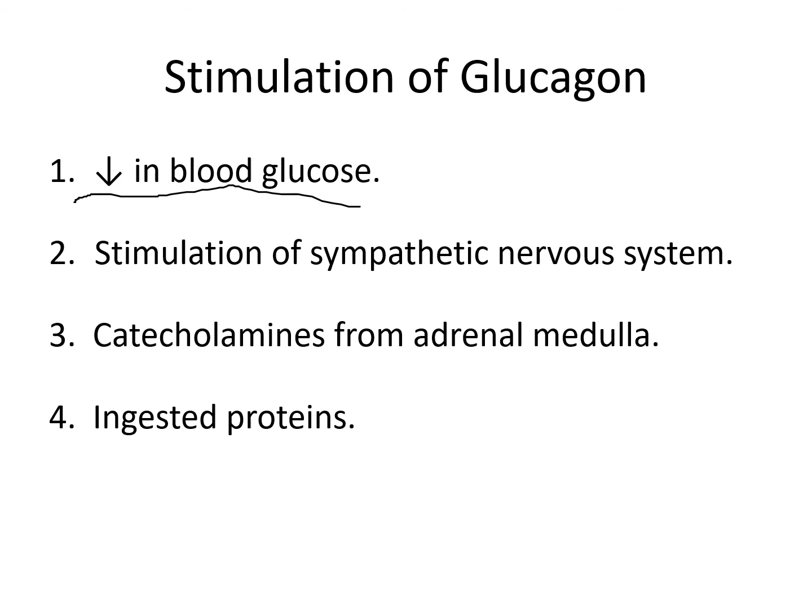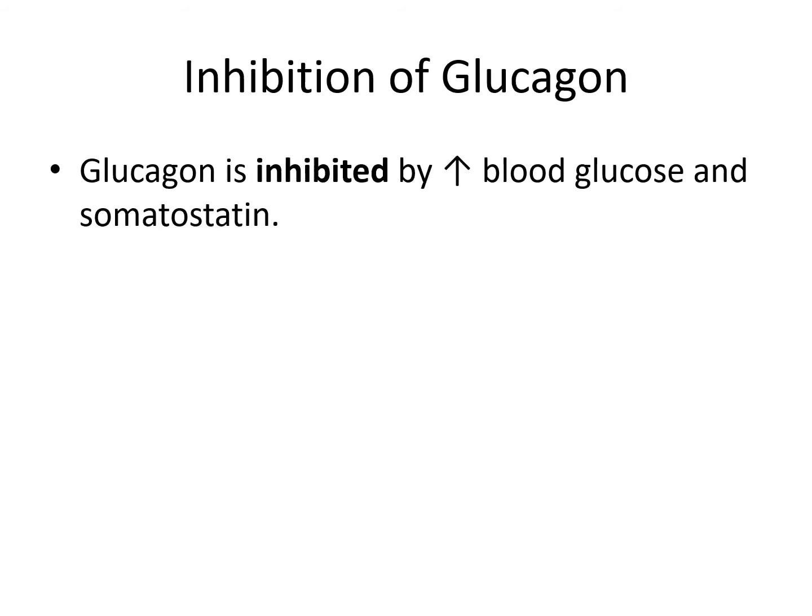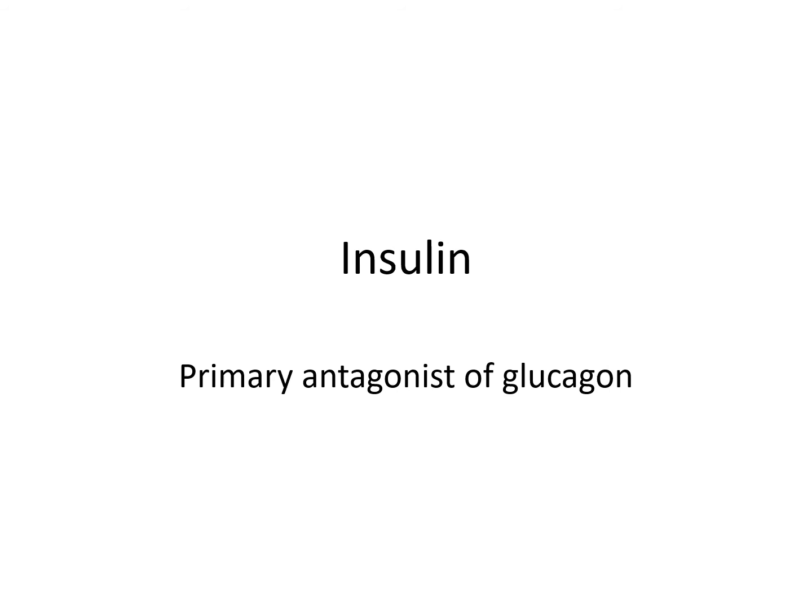Stimulation of the sympathetic nervous system. Catecholamines from the adrenal medulla, as well as ingested proteins. And we'll maybe talk a little about this when we cover the digestive system. Glucagon is inhibited by an increase in blood glucose and somatostatin. So we've seen that somatostatin is often an inhibitory hormone for other hormones as well. Now let's talk about insulin.